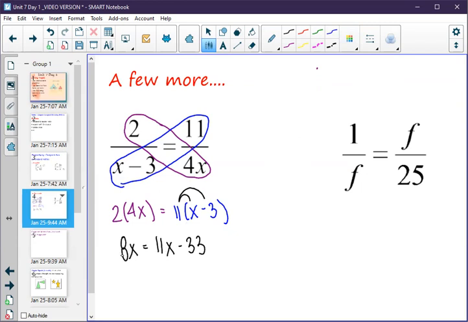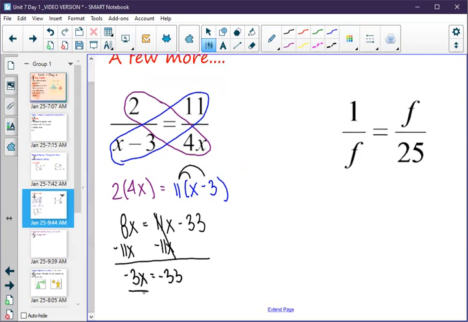I have x's on two sides of the equation and I just want it on one, so I'm going to subtract 11x from both sides. Here I'm going to get negative 3x is equal to negative 33. My last step, divide by negative 3. Negative 33 divided by negative 3 is going to give me positive 11.